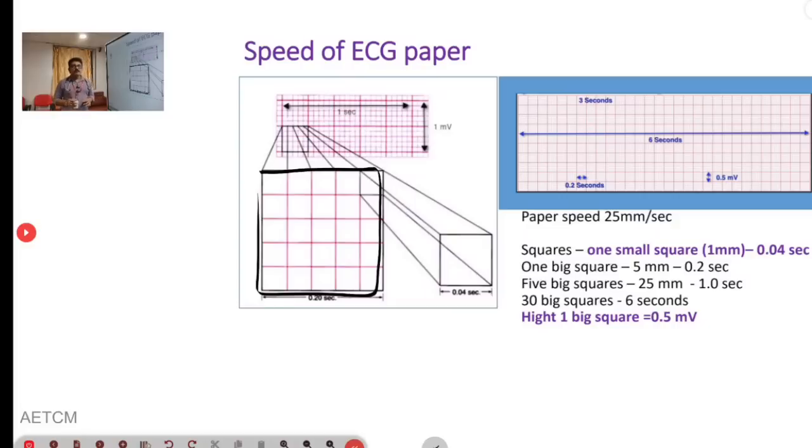The height of 1 big square is 0.5 millivolt. All these things are useful when you are calculating the rate, rhythm or LVH.